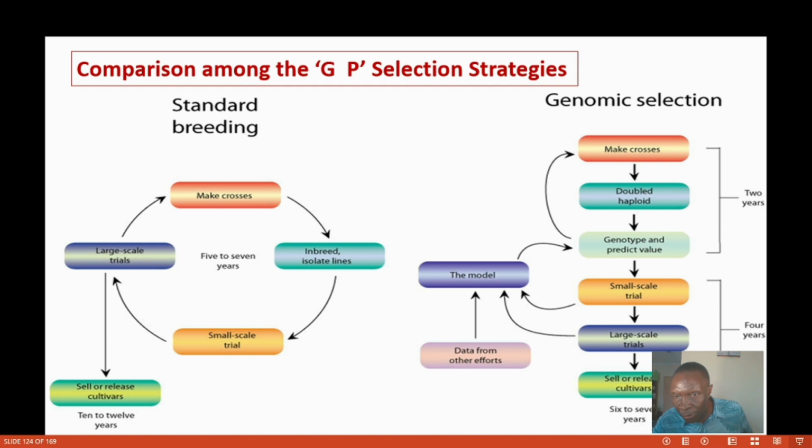Then when we do that, we can move to large scale trials. Then we sell the seed or release the seed. And this takes from 6 to 7 years. If you compare with the standard one, this takes from 10 to 12.